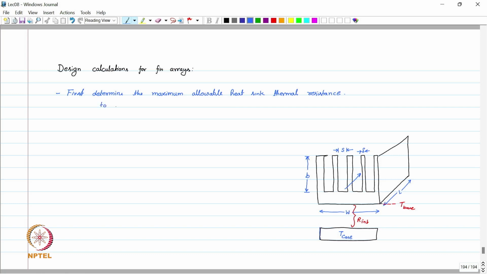To do this, it is necessary to know T case, also the power dissipation, which is Q of module.